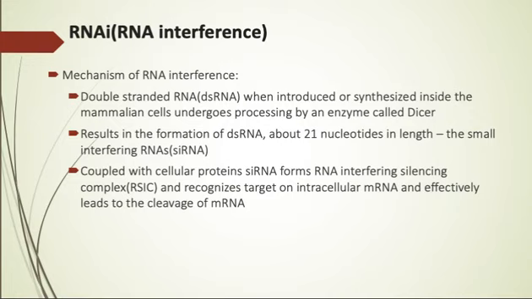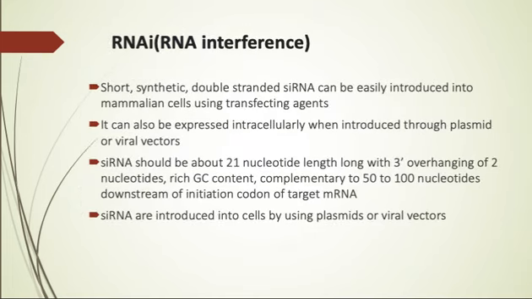So what happens after this? The short synthetic double-stranded siRNA can be easily introduced into mammalian cells using transfecting agents. It can also be expressed intracellularly when introduced through plasmids or viral vectors.